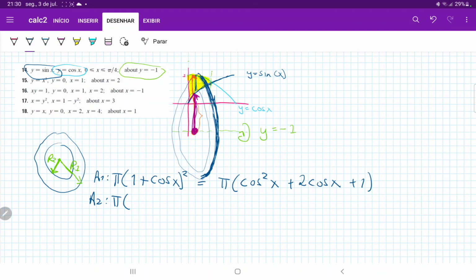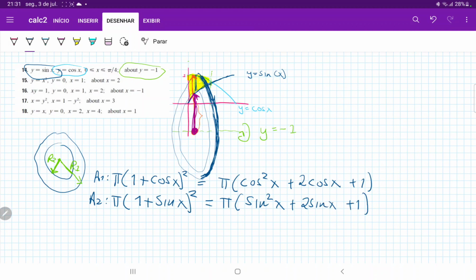So the smallest radius, we have to go 1 until we get to the x-axis, and then we go the height of sine. So this length is 1 plus sine x, squared, and that gives us pi times, we're going to FOIL this, so sine squared of x plus 2 sine x plus 1.